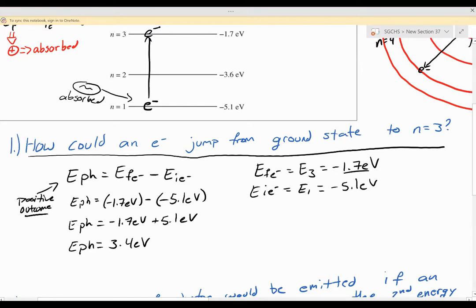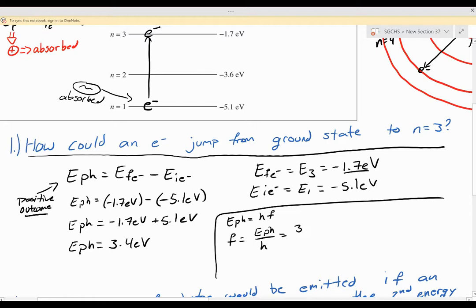Now, we could go further and determine even the frequency of this and possibly what type of light or EMR this is. So remember, the energy of a photon equals Planck's constant times the frequency. So we could determine our frequency here really easily by taking the energy of our photon and dividing it by Planck's constant.